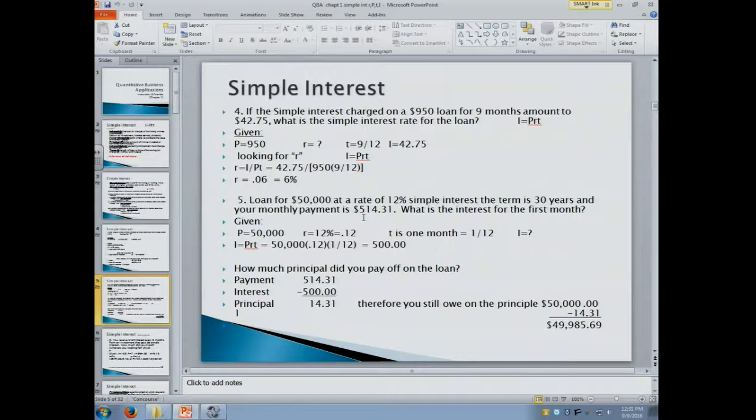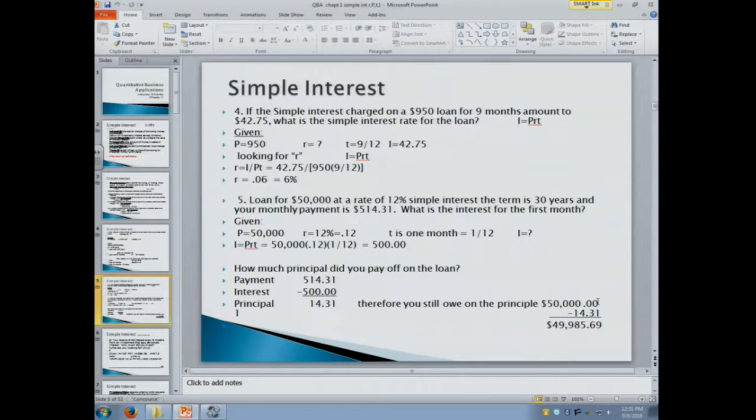Our payment was $514.31. In that first payment, we paid $500 worth of interest. Therefore, on our principal of $50,000, we only paid $14.31 down.